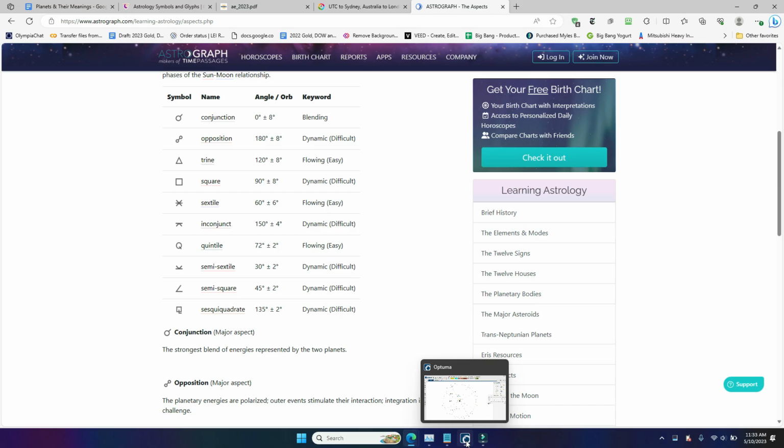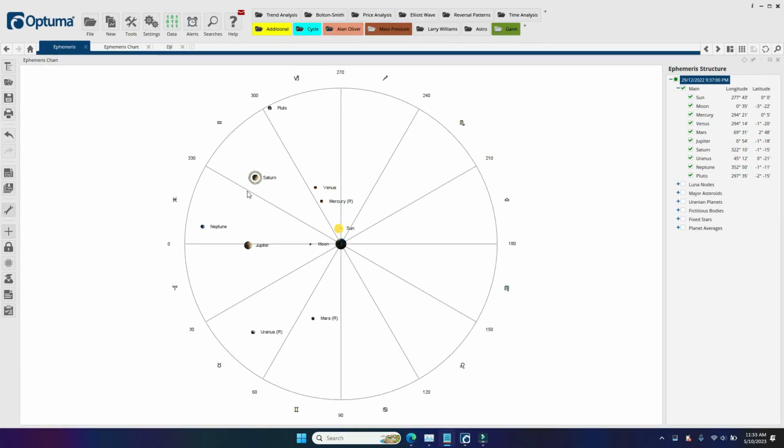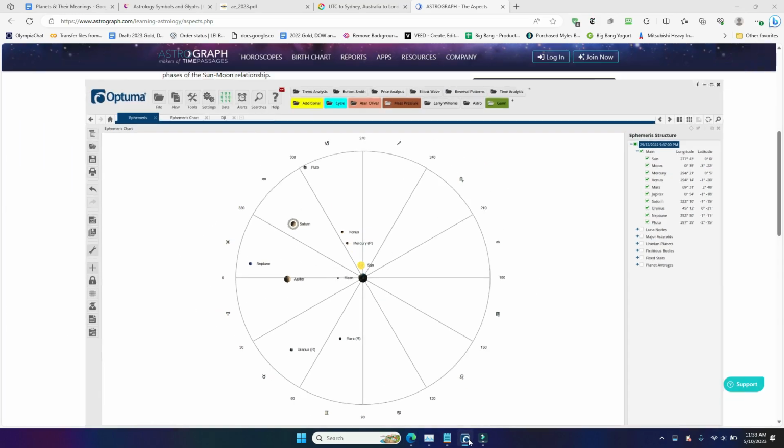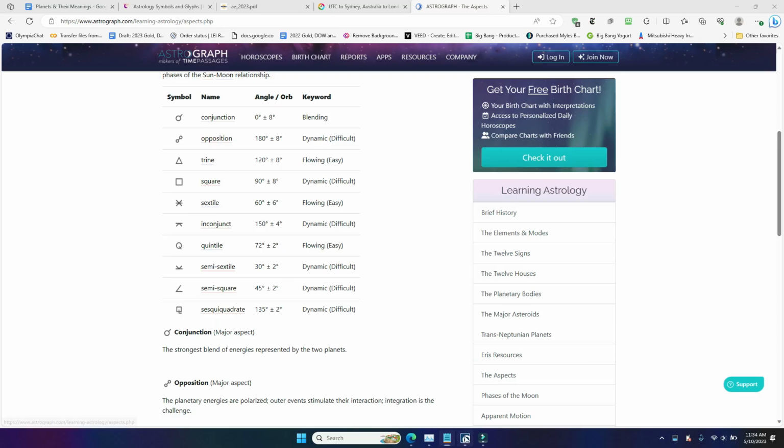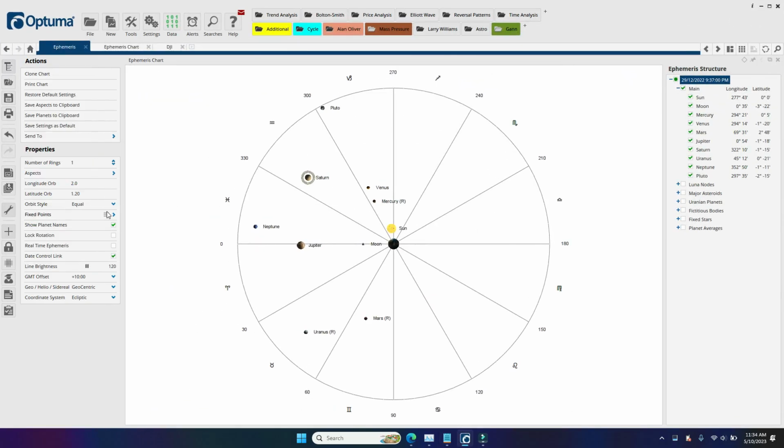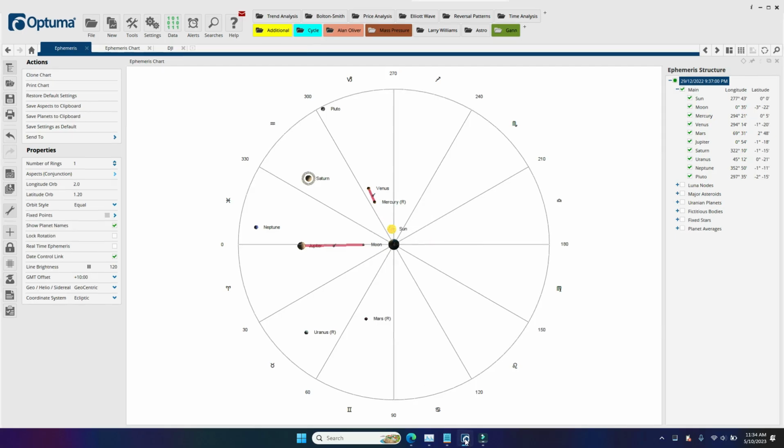What it does mean though, and I'm going to now activate the conjunction on my chart, so let me just go ahead and turn on conjunction. What it means is that two planets are at basically 0 degrees of each other. So they're basically lined up from Earth to that planet out, Earth to this planet out. So they are now in a line with each other, okay?